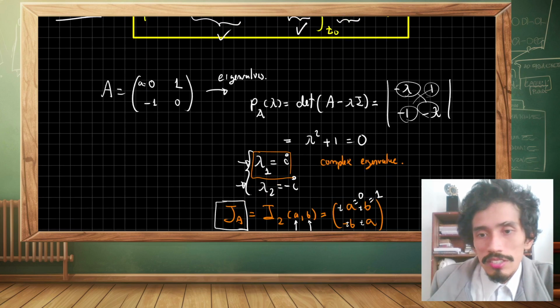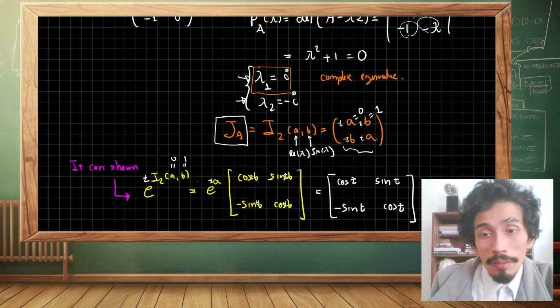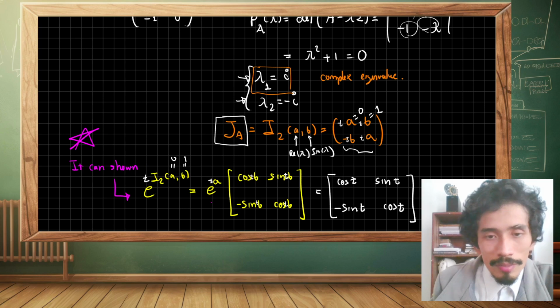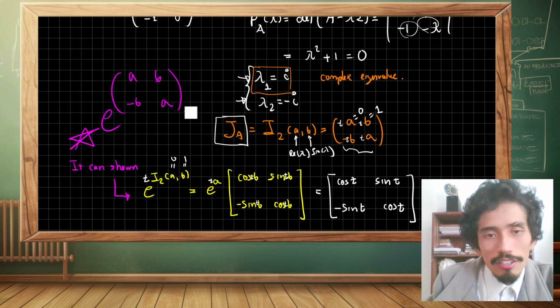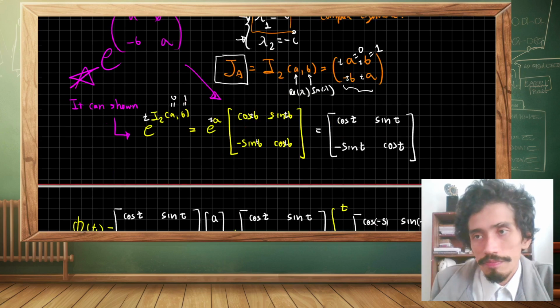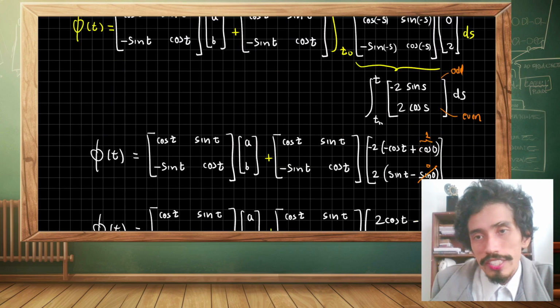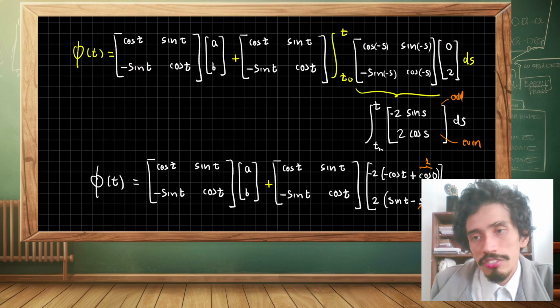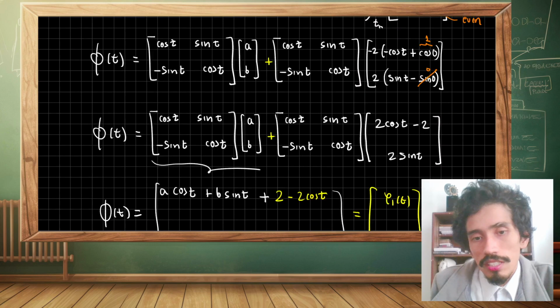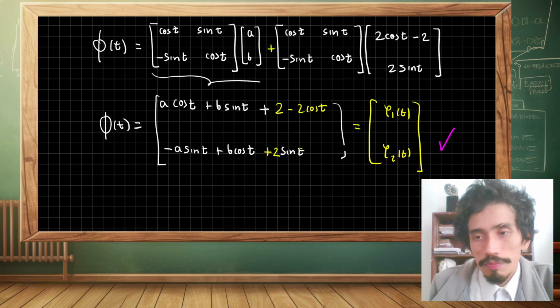The third step is to recall this property, which is important to have in mind, about the exponential of matrices of this form, A, B, minus B. So you have to keep this in mind. This is just a property. And after that, the remaining are trivial calculations. And so this will be the solution.